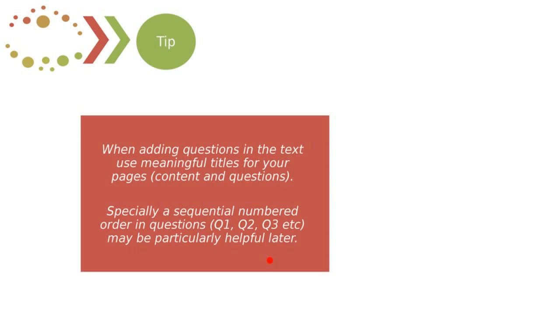So what I'm trying to say is that if you choose agnostic type of names like page or question, it's difficult for you to understand where you are when it will be time to set up the jumps later on.